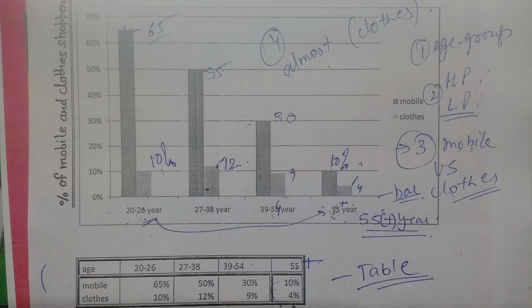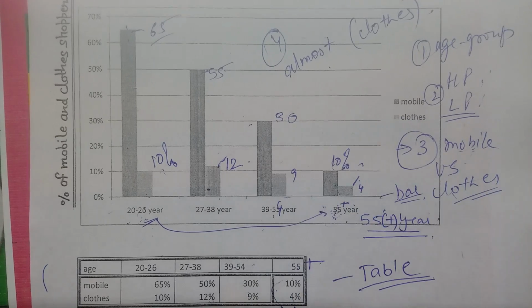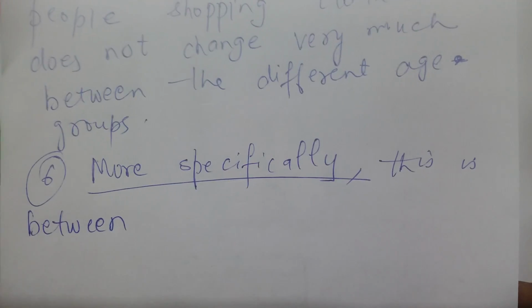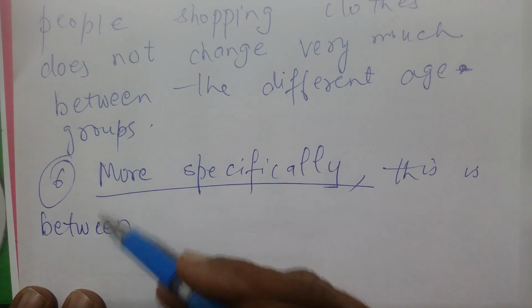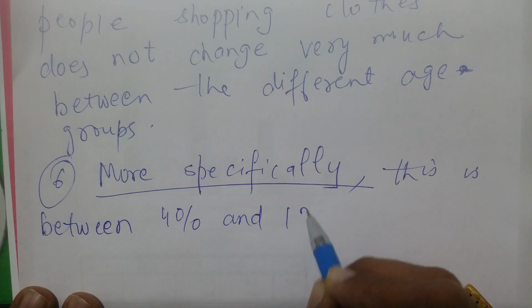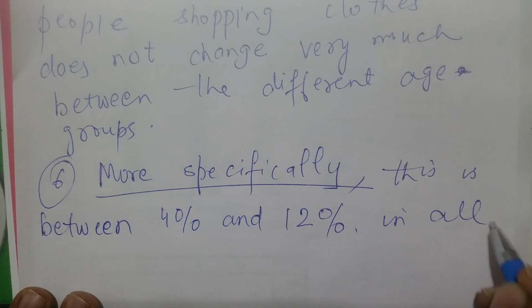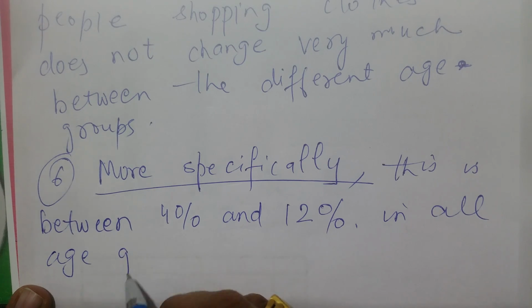So minimum is 4 and maximum is 12. I'm talking close, right? So both have the same explanation. Okay. So it's very easy for us now. So between 4% and 12%. Fine. In all age groups.